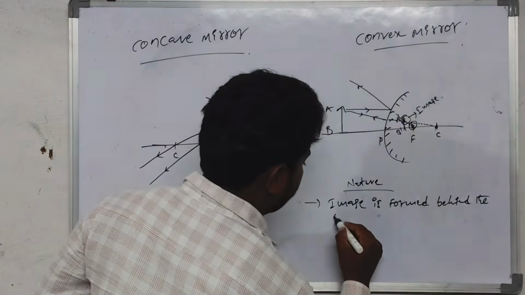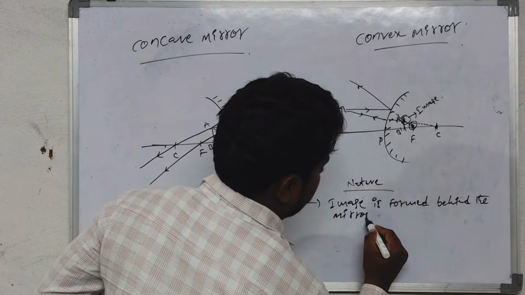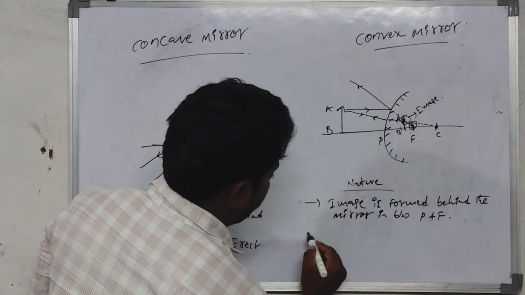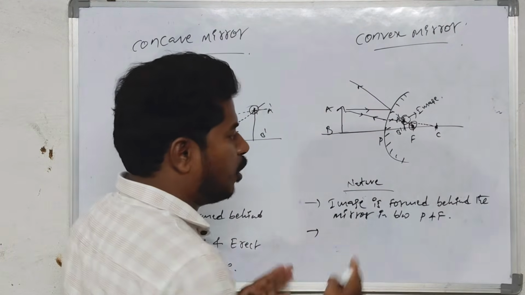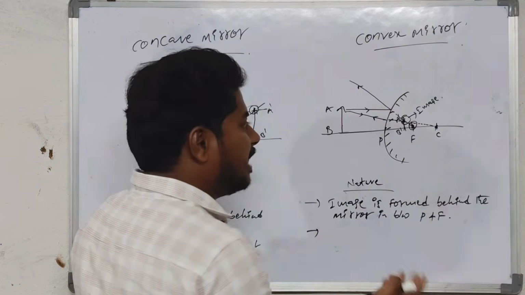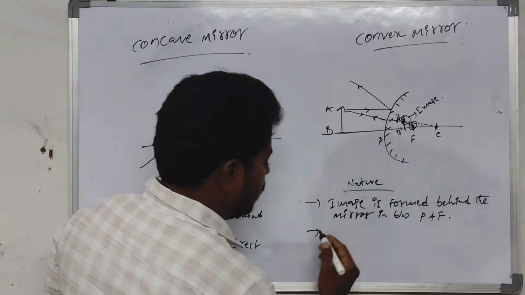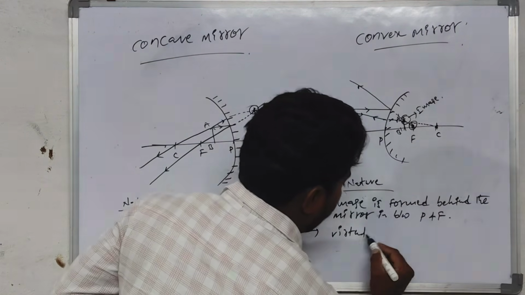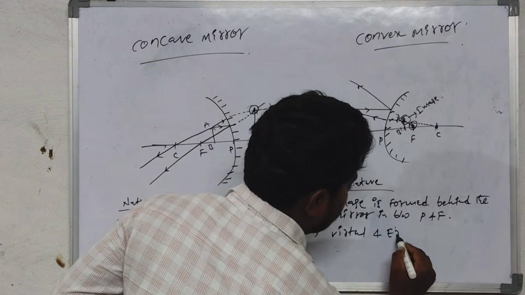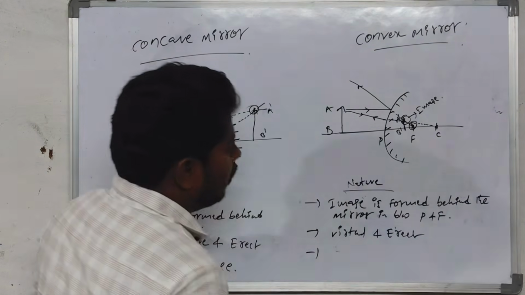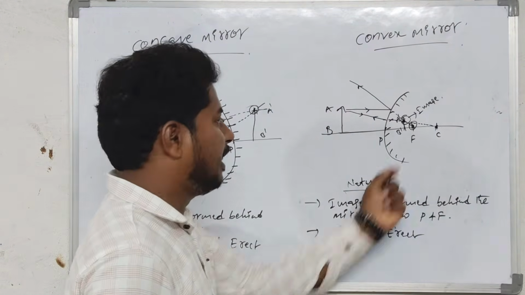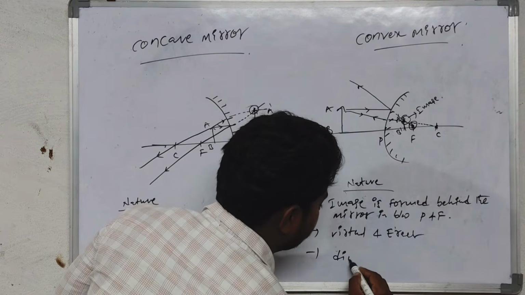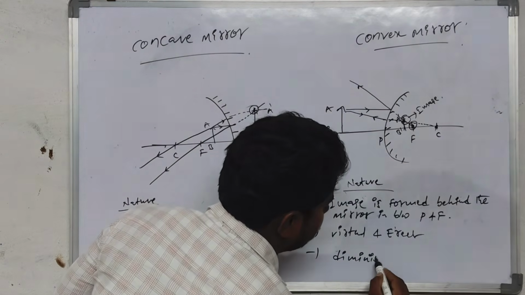Your image is virtual because the dotted lines or imaginary lines intersect at this point. So image is a virtual image. All virtual images are erect. Virtual and erect image. You can observe your image size decreases when compared to the object size. So here image is diminished. That means small size.